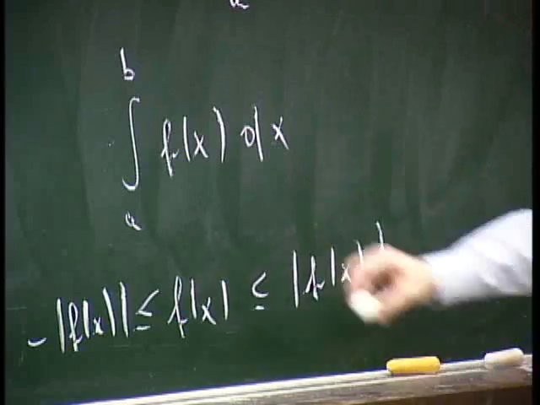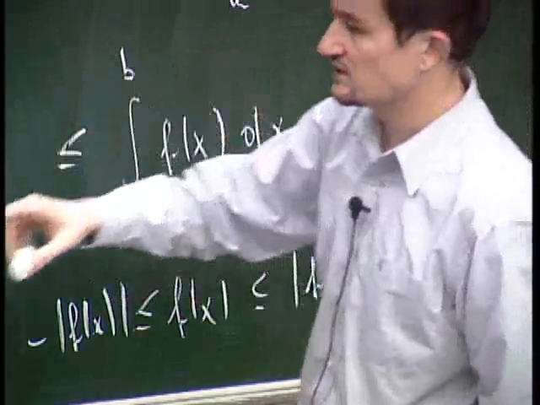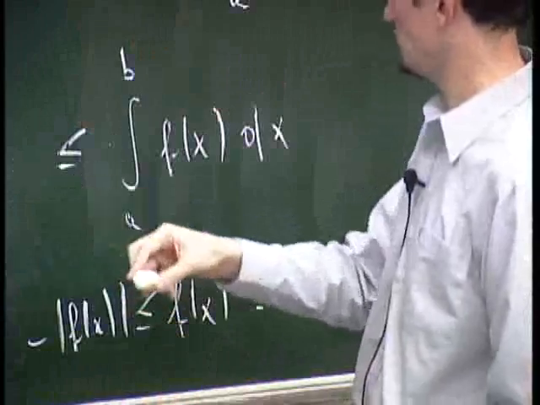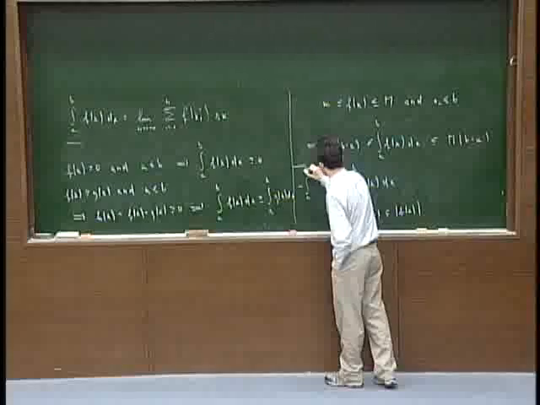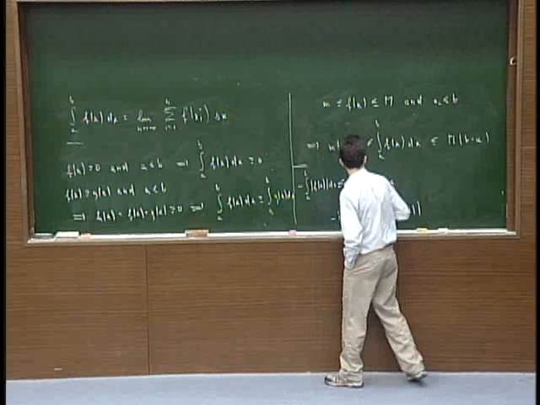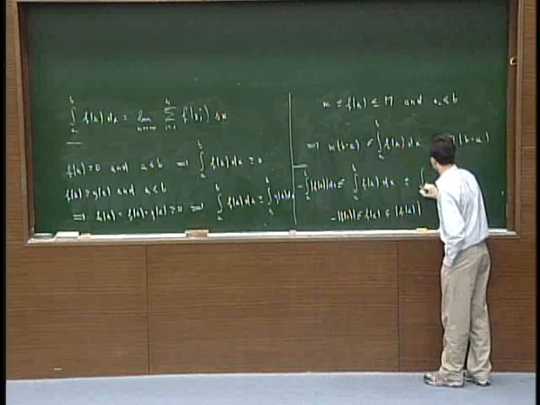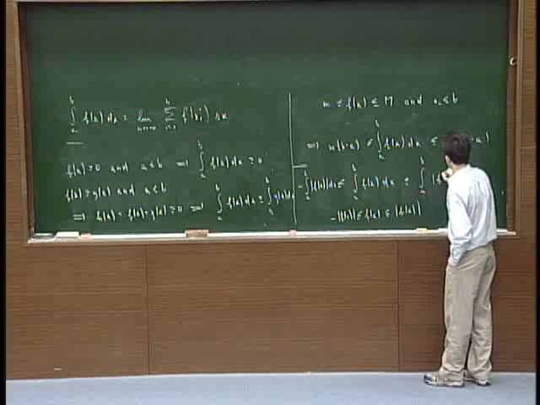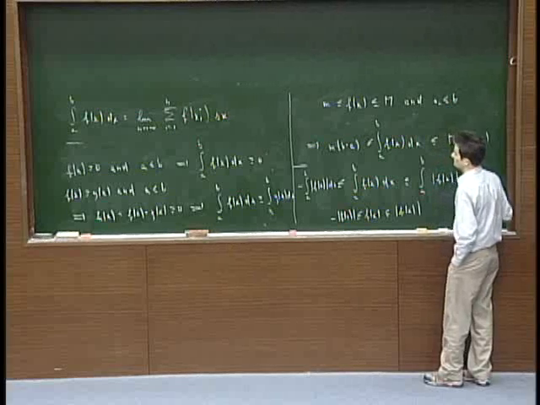Okay, so from this one, and using this property, you get this is larger or equal than minus the integral from a to b absolute value of f of x dx, and smaller or equal than the integral from a to b absolute value of f of x dx.